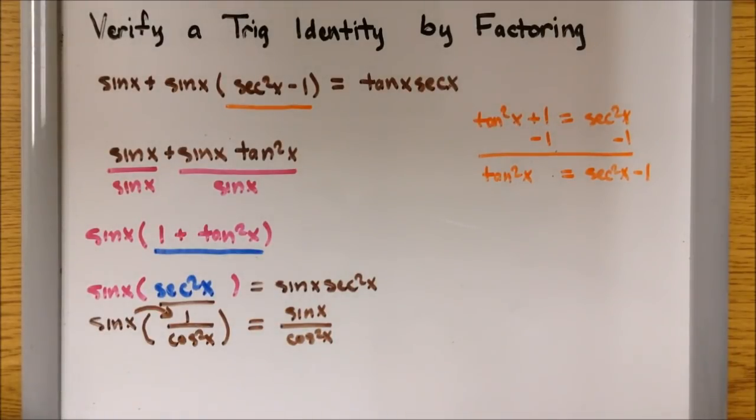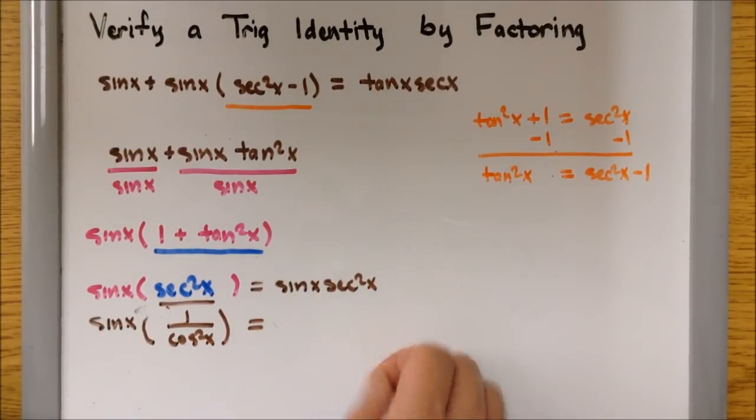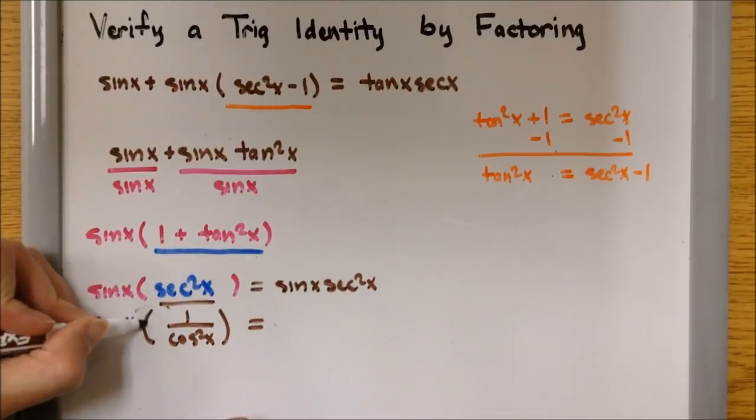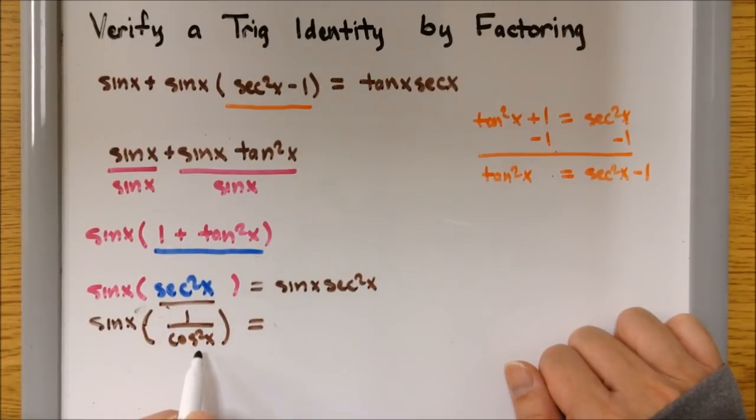Now you could do it that way, but remember, we would have to factor it out and then split the cosine square of x into 2 cosine of x. Again, you can simply multiply sine of x into the numerator, but before we can do that, what I'm actually going to do is split 1 over cosine square of x into 2 fractions. So I'm going to expand the numerator and the denominator.